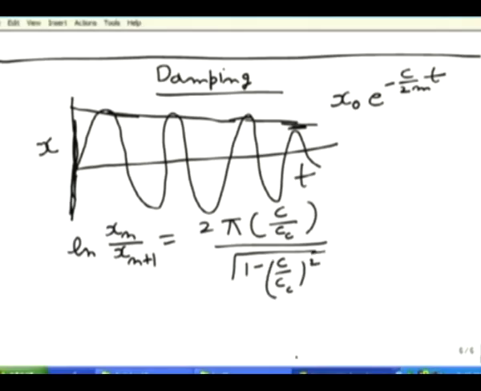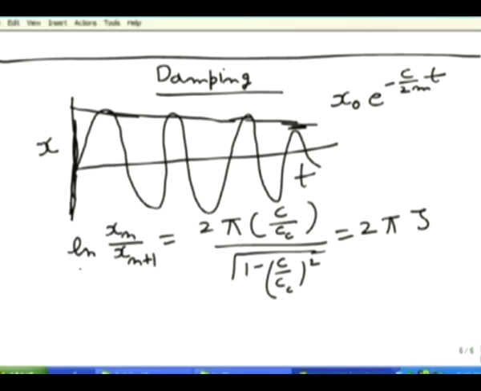Or if the damping is low, then square root of 1 minus c by cc whole square can be treated as equal to 1, and therefore this becomes equal to 2 pi c by cc. This is the damping factor.